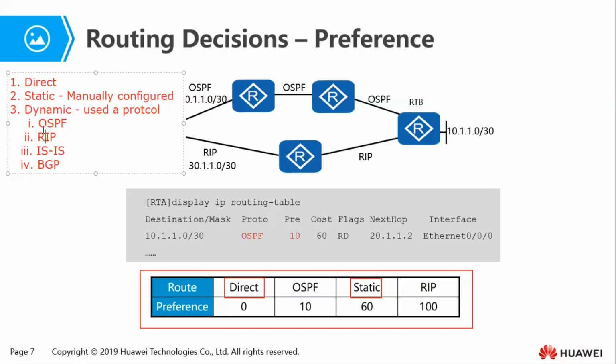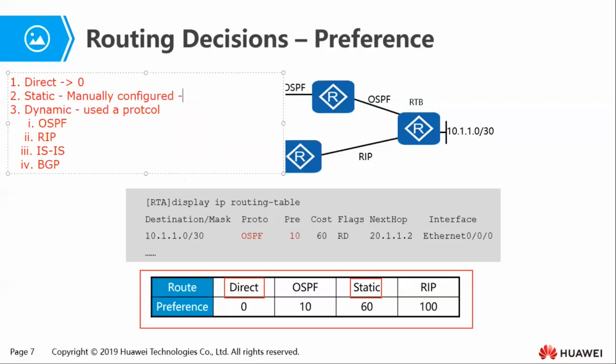Now, each of these dynamic protocols and all these ways are associated with a certain preference value. For example, if we learn a route using the direct method, the preference is 0. On the other hand, if we learn it statically, then the preference is 60. If we learn it through OSPF, then the preference is 10. And if we learn it through RIP, the preference is 100.